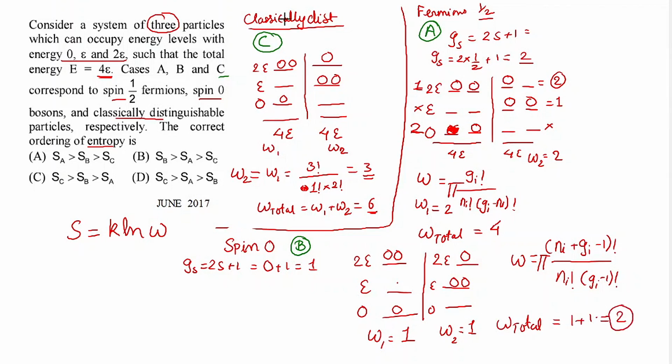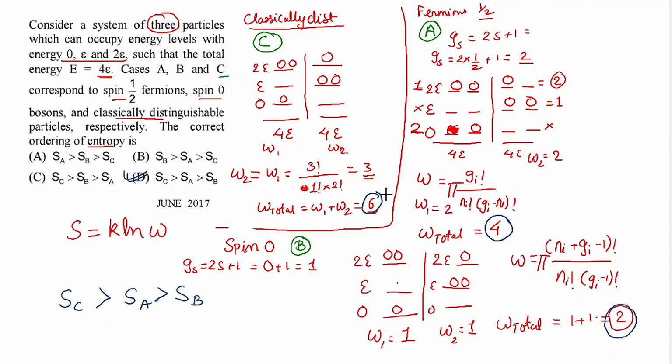So for classical particles we are getting W total 6, for fermions we are getting W 4, and for bosons we are getting W 2. So the order will be S_C is greater than S_F, which is greater than S_B. So this is the order, and option number D is the correct answer.